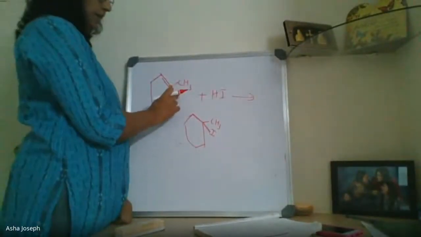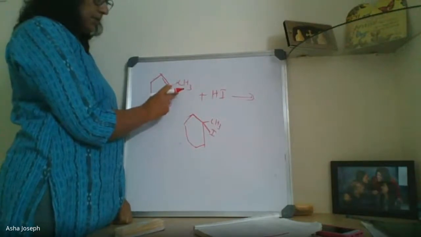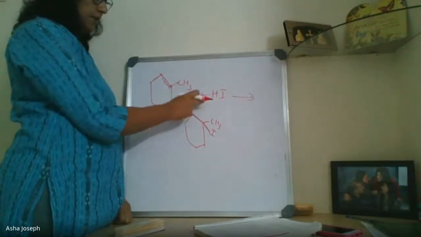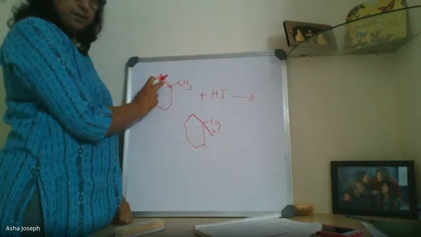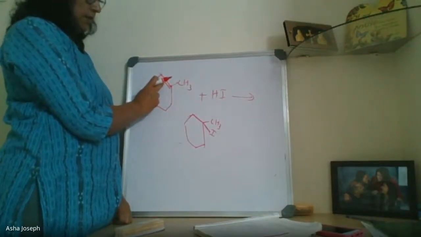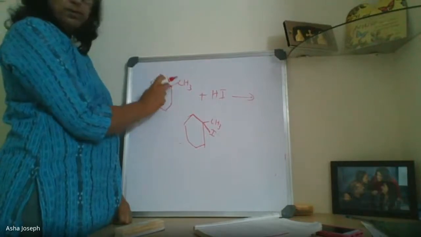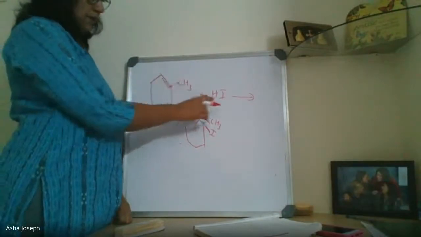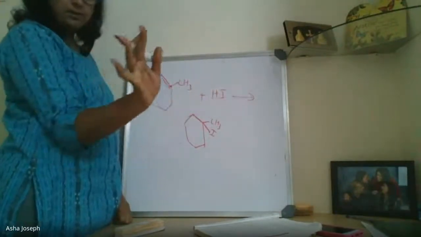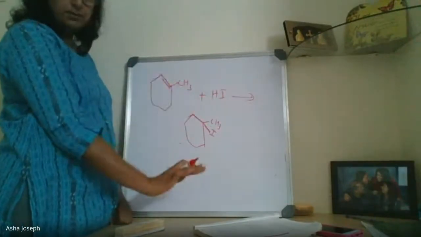So this is the question, and this is an aromatic hydrocarbon. Here is the addition of HI, and the addition takes place across the double bond: hydrogen and iodine will go to only these two carbons. You have to see that there is no peroxide, so by Markovnikov's rule, I will come to the carbon containing fewer hydrogens.